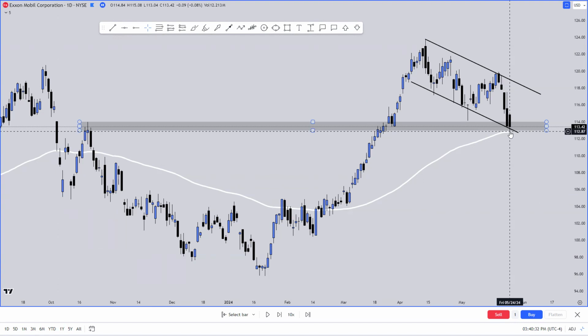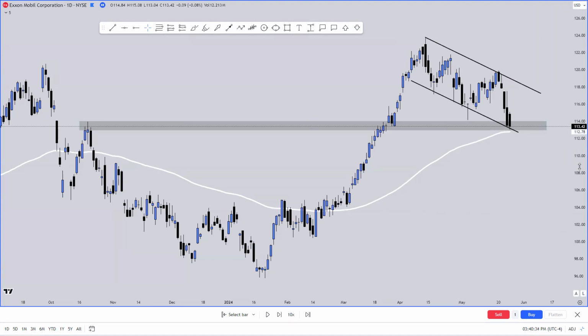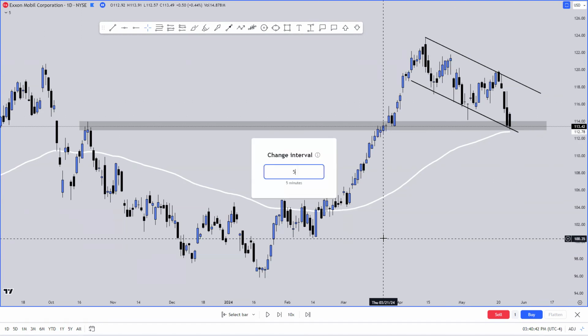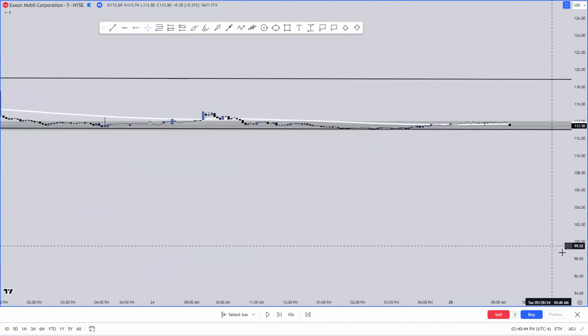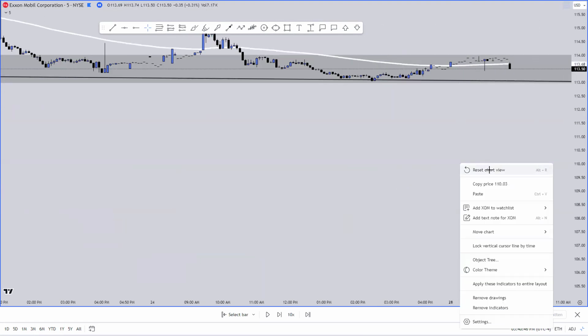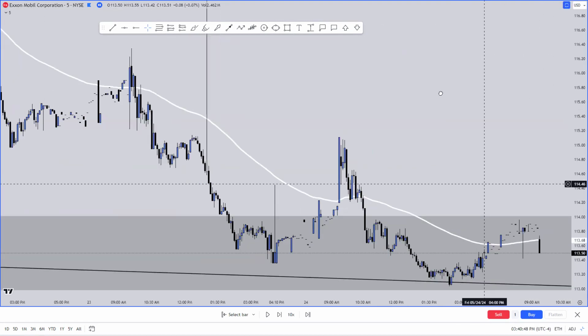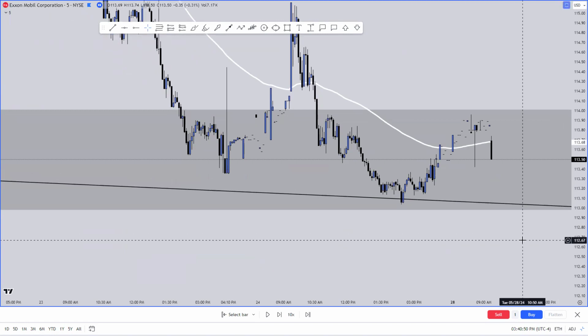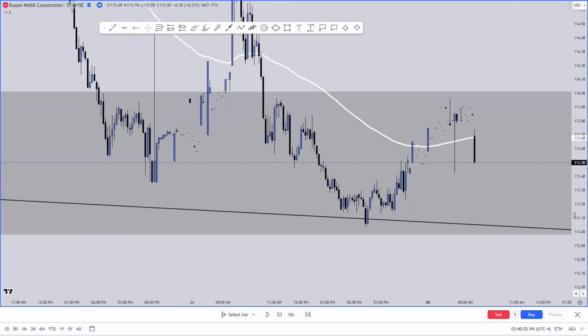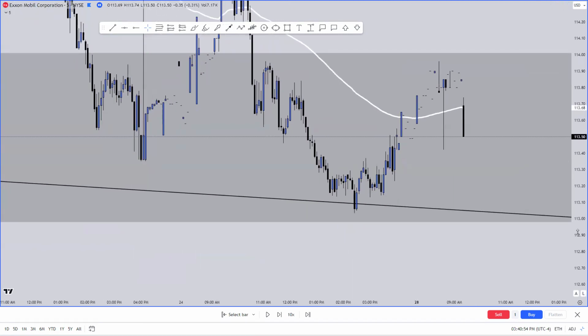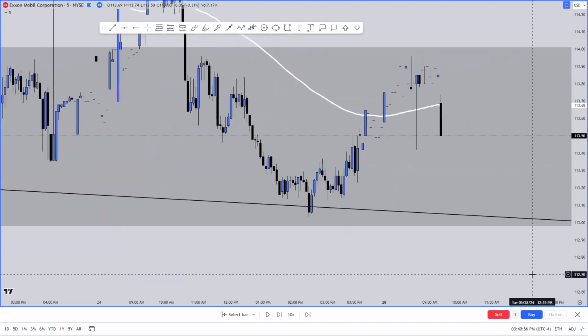Next thing I notice is if we drop down to a lower time frame, say the 15, or let's try the 5 minute. Now this might be a little bit technical if you're new to trading.